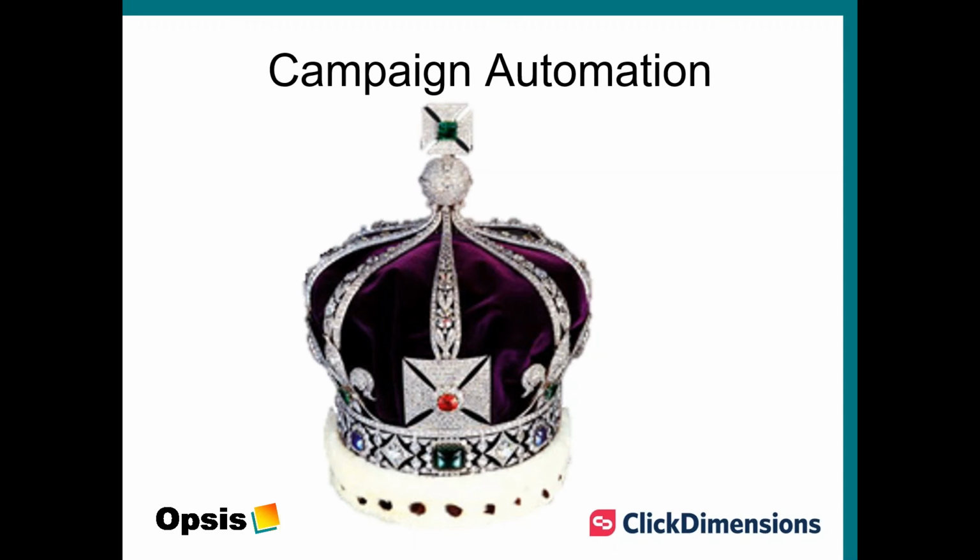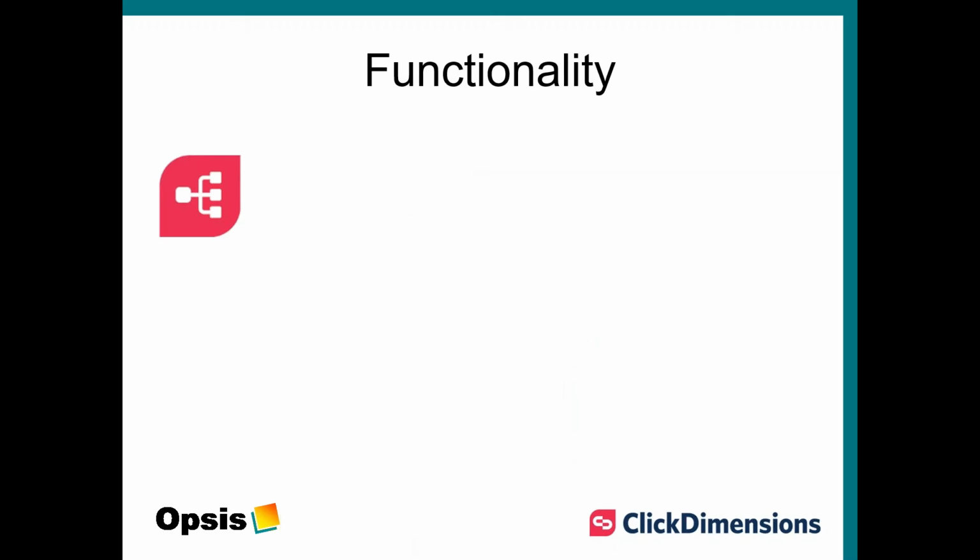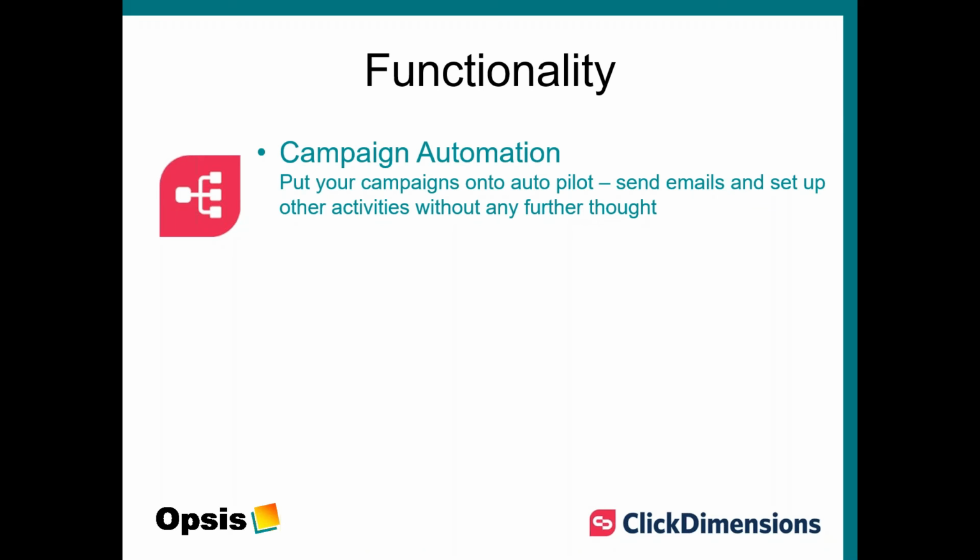This is where we can design marketing in a way that works for us, and then we can set it and forget it. So this is where we can create a series of activities or a campaign, and they are completely on autopilot.